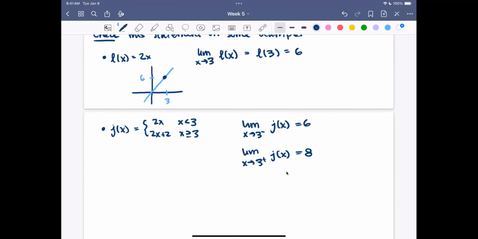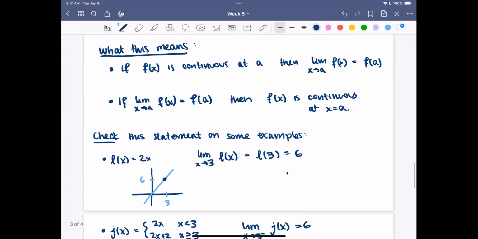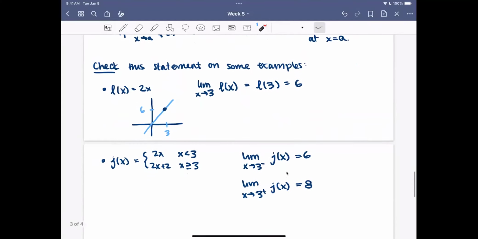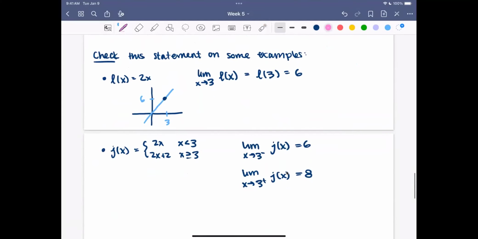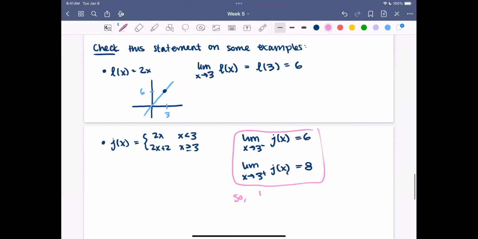And then going back to the statements that we had, from that we can conclude that the function is not continuous. So this tells me the limit as x approaches 3 of j of x does not exist.